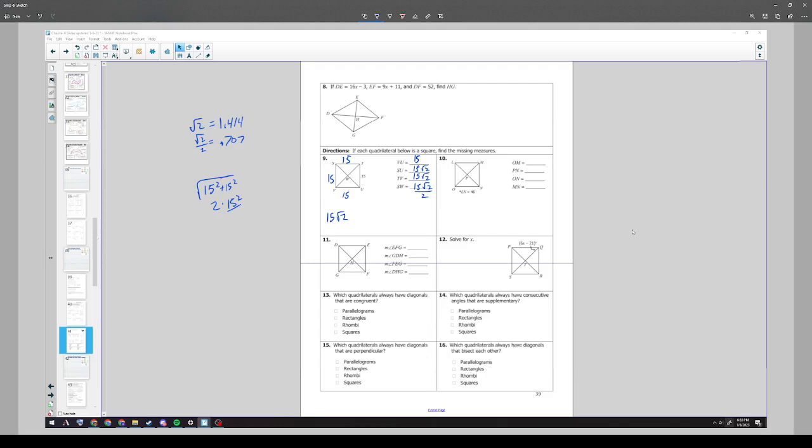All right, so next one is more stuff with side lengths and diagonals. Let's go down to 11 where we're looking at angles. We have EFG. Well, this has all the rectangle properties, so that's 90 degrees. GDH. So there's nothing labeled there. But remember that we have the property that GDE is a right angle and that DF is an angle bisector, because we get that from the rhombus.